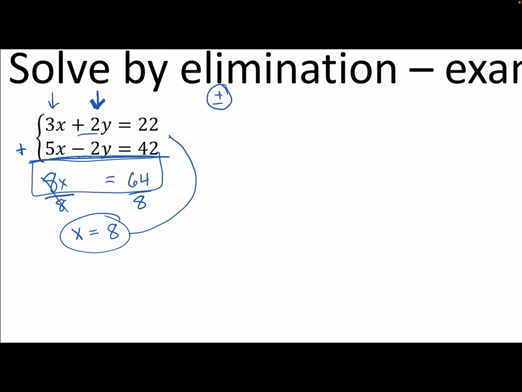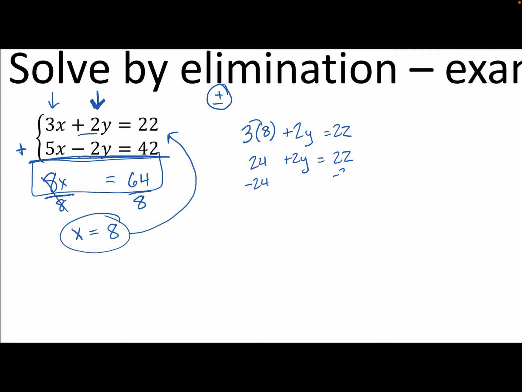And same way as before, I'm going to take that and plug that back up into one of these equations up here. I'll just use the first equation. So instead of 3x, it's going to be 3 times 8, because now I know what x equals. Plus 2y equals 22. And then we solve. 8 times 3 is 24.